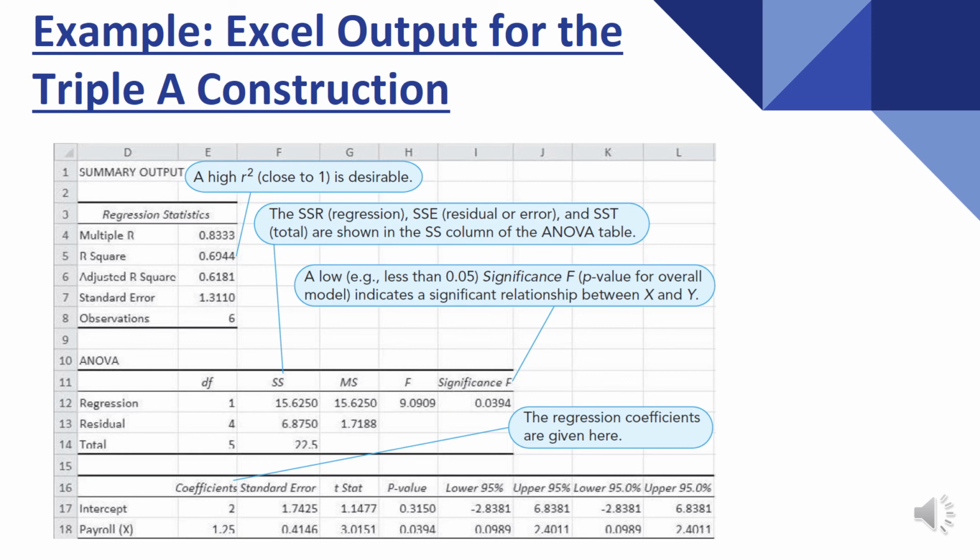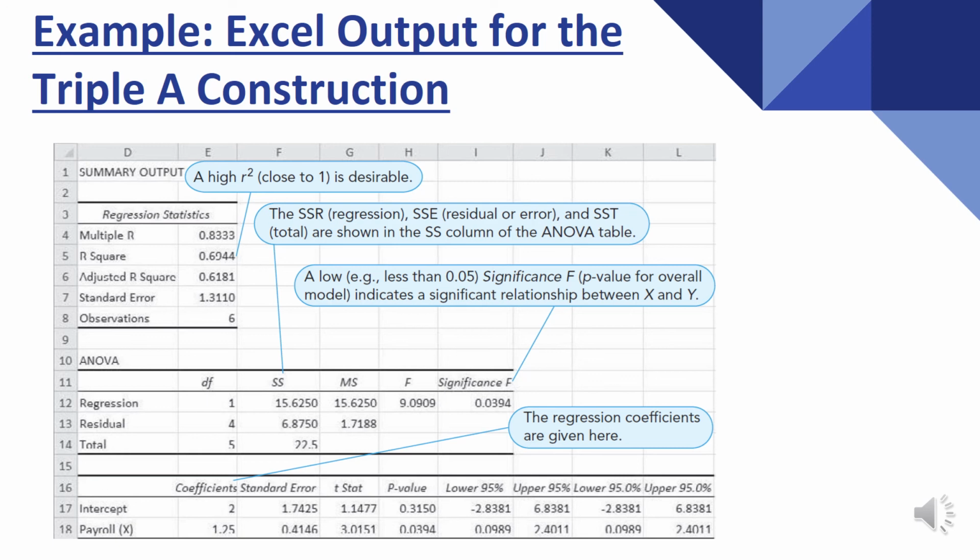The sum of squares regression or SSR is shown to be 15.625. The sum of squares error or residual is 6.875, and the sum of squares total or SST is 22.5. So those values are shown under the SS column.